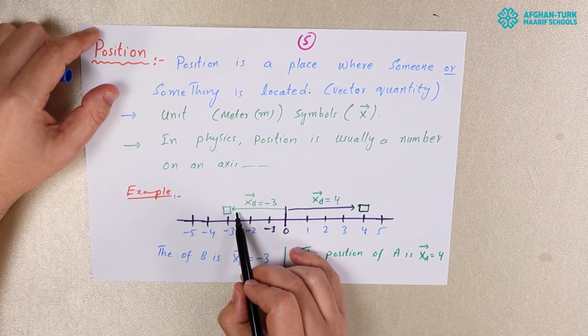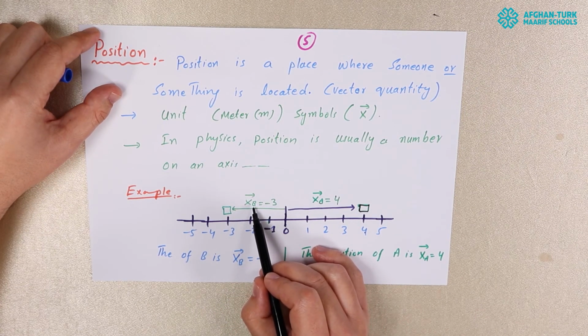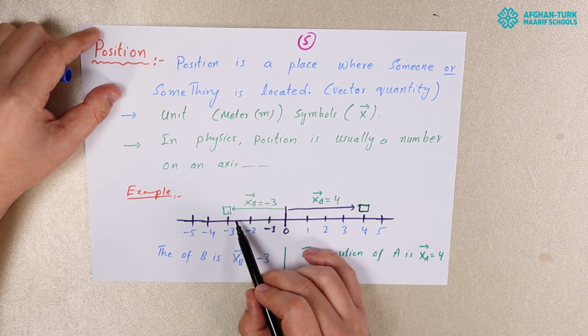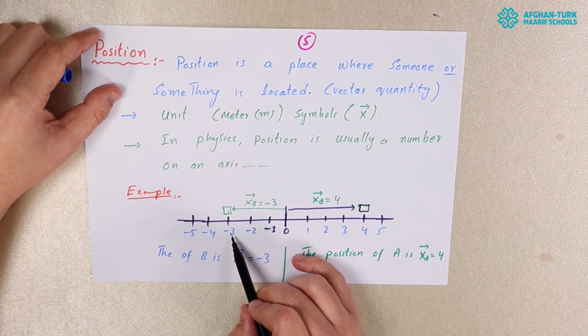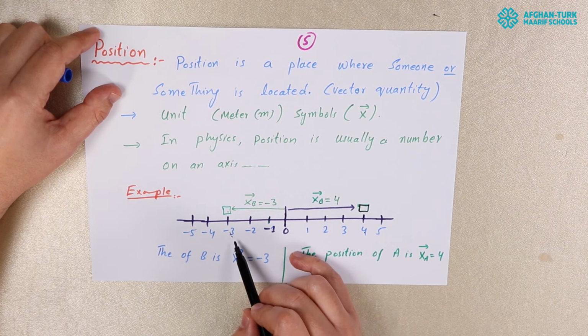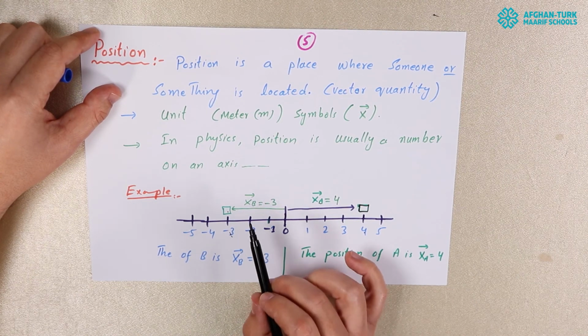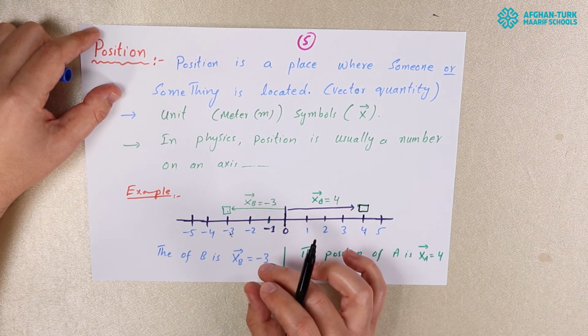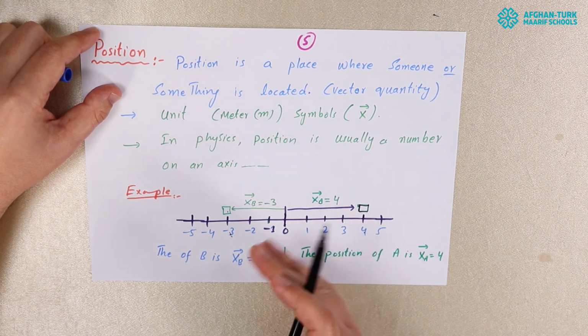In the next example, let's suppose this is object B. The position of object B is at -3. So position just means the place or location. It's nothing else.